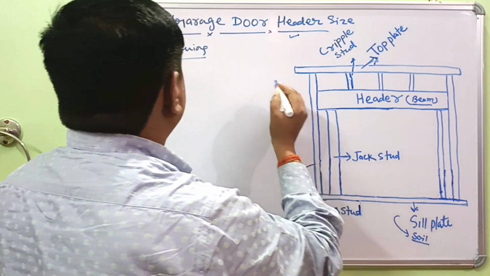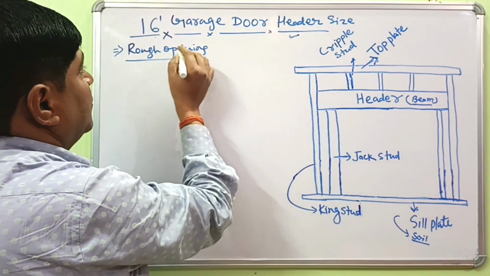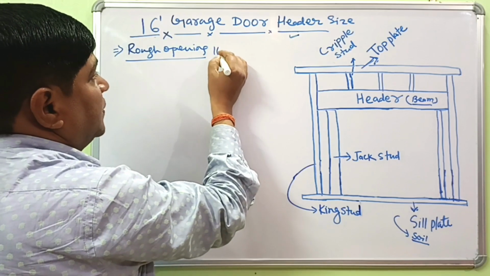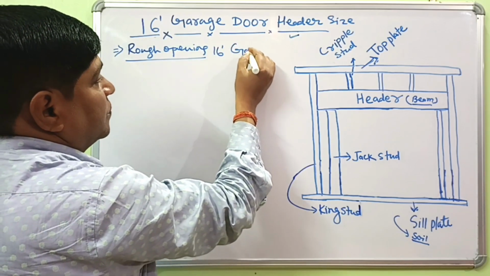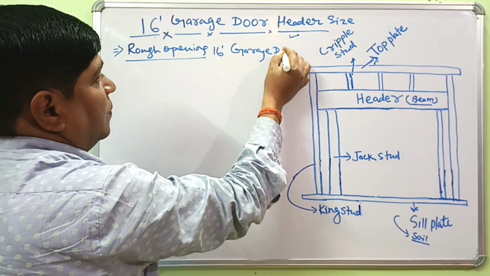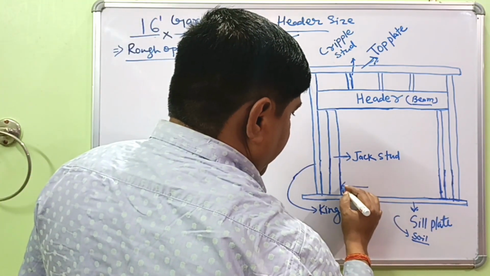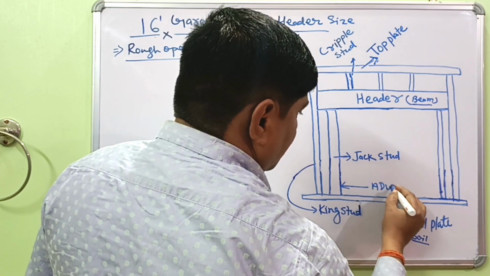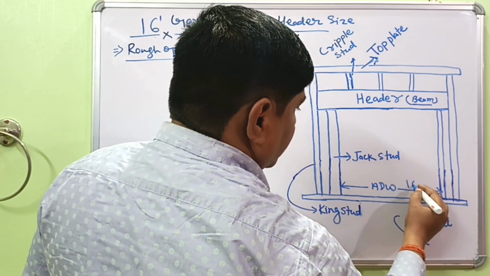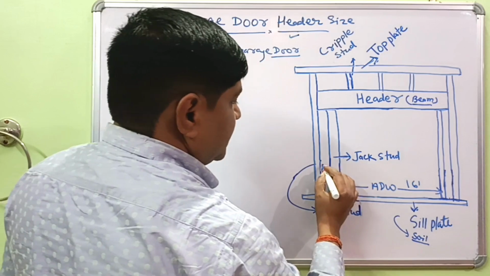First, in this video, we find the rough opening for installation of a 16 foot garage door. This one is the actual door opening width, which is about 16 foot. And what is the rough opening?